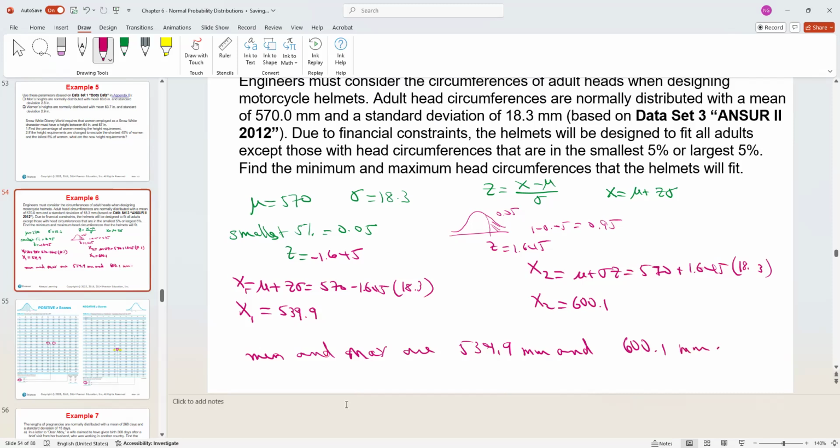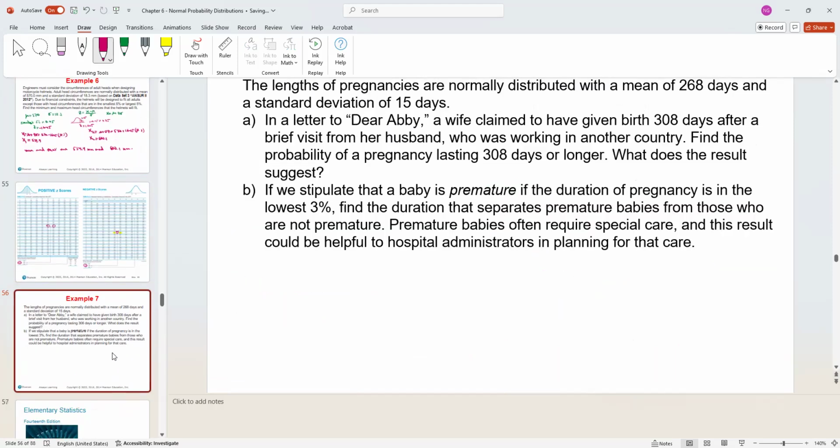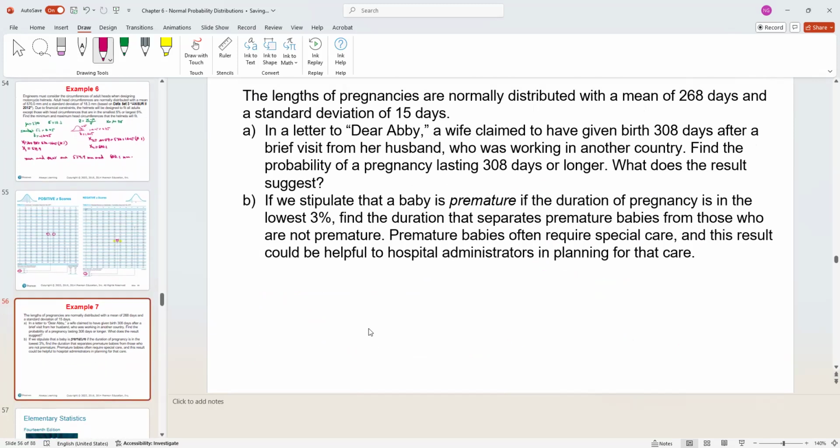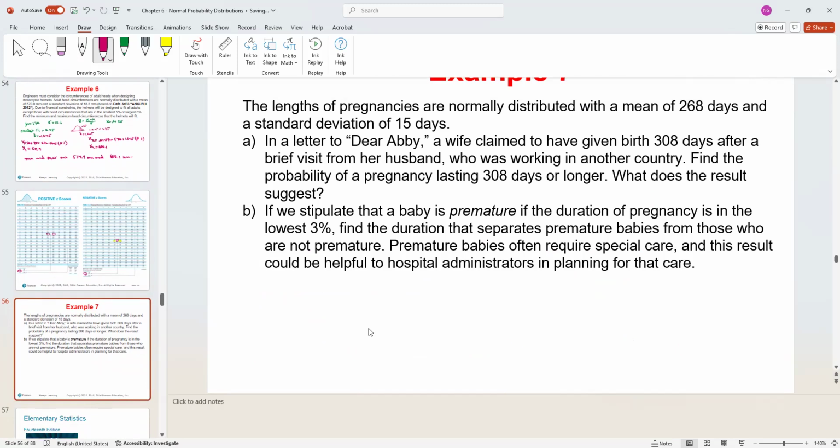I think we're gonna do one more exercise in this one before we move to the next sections, which is 6.3, sampling distribution and estimators. So let's do that one. For this example, they said the lengths of pregnancy are normally distributed with a mean of 268 days and a standard deviation of 15.